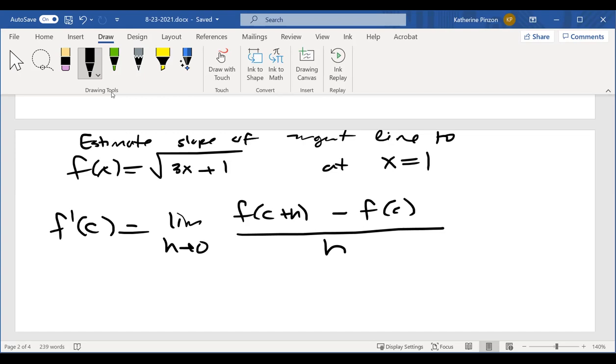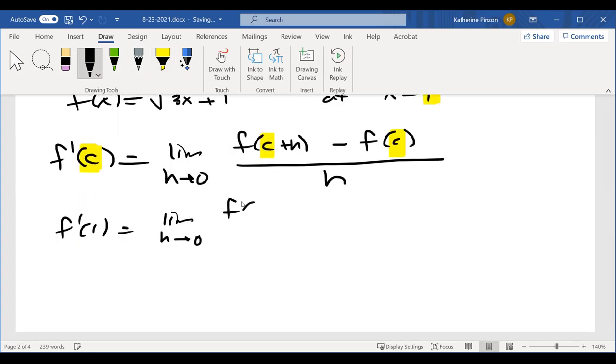Okay, what's c in this case? C is 1. So let's rewrite it. F prime of 1 is going to be limit as h goes to 0, f of 1 plus h minus f of 1 divided by h.